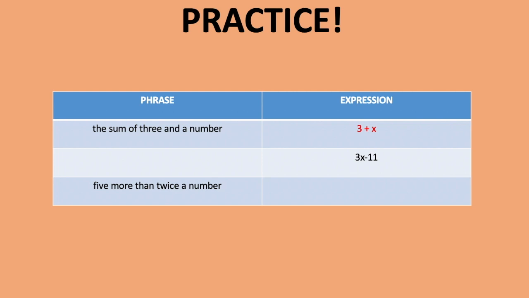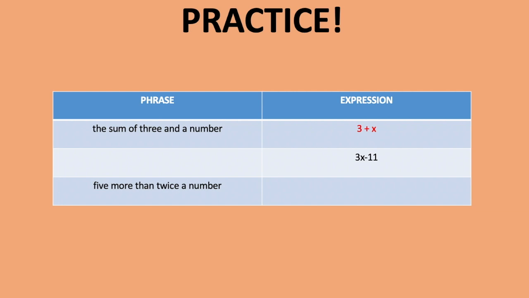The next row, we have the expression, and we're going to make the phrase. The expression is 3x minus 11. So we have to find words that represent the multiplication happening between 3 and the variable, and then the subtraction happening between 3x and 11. I'm going to start by explaining the multiplication.